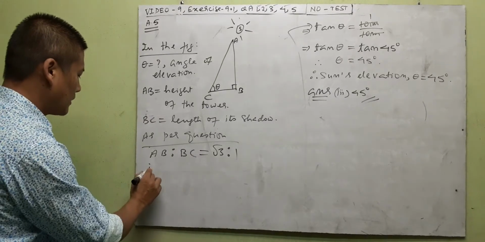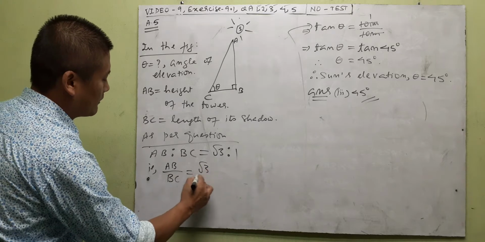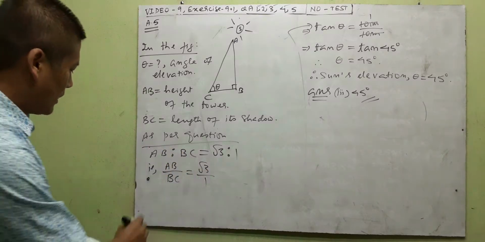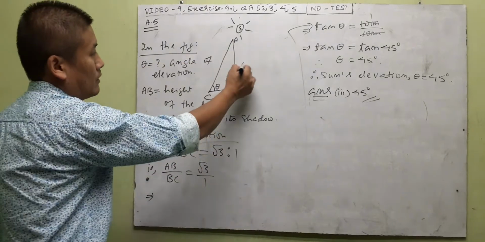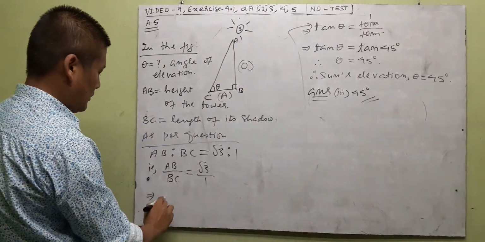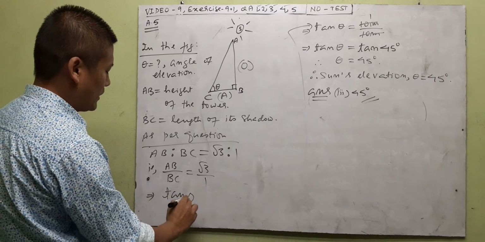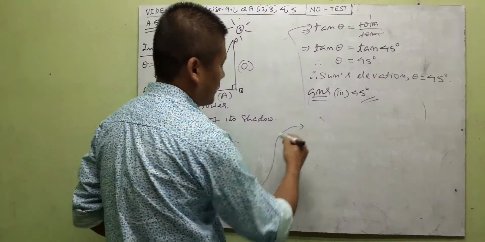In other words, AB by BC is equal to root 3 divided by 1. Now that implies on the diagram AB is opposite and this is adjacent. So opposite by adjacent simply means tan, and the angle is theta. Root 3 by 1 means root 3.